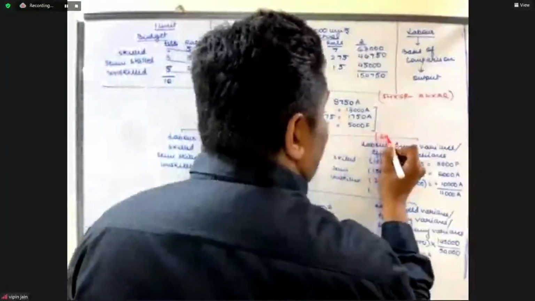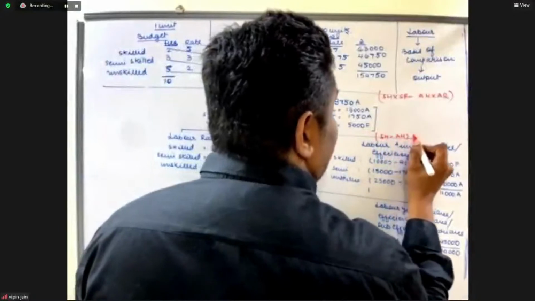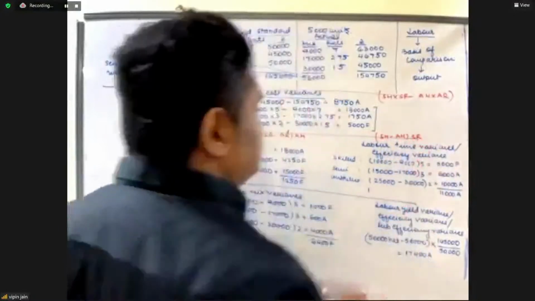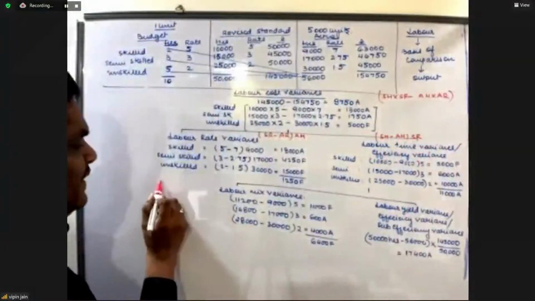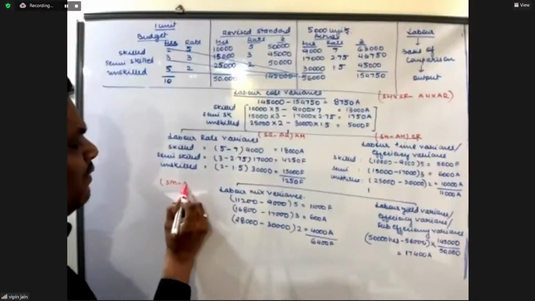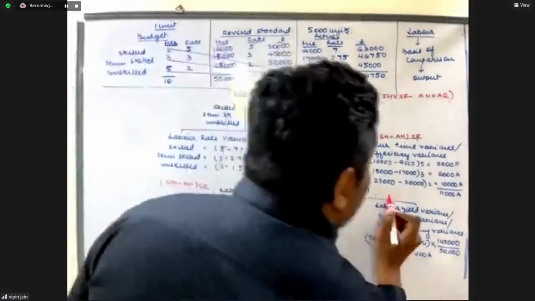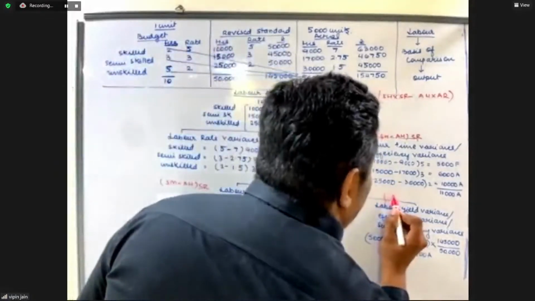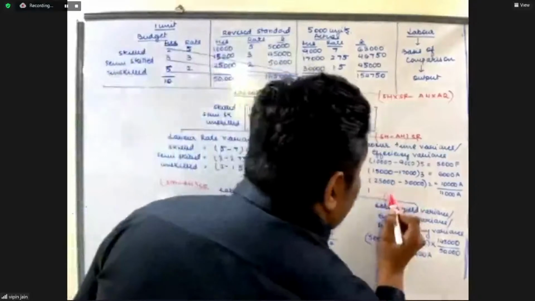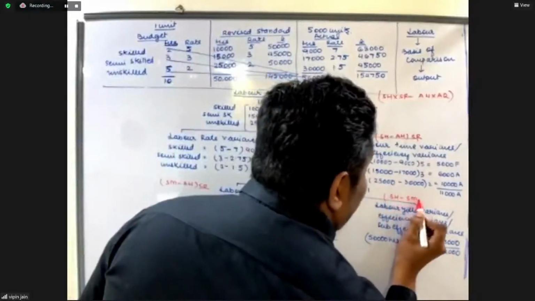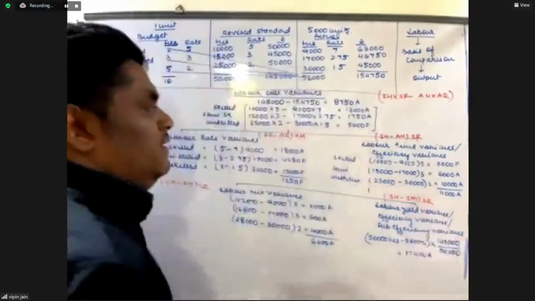It will be standard hours minus actual hours into standard rate. In case of mix variance, again standard mix minus actual hours into standard rate. And in case of yield, the same formula, instead of standard quantity, this will be standard hours minus standard mix into standard rate.